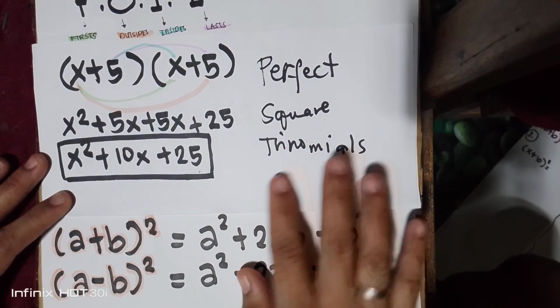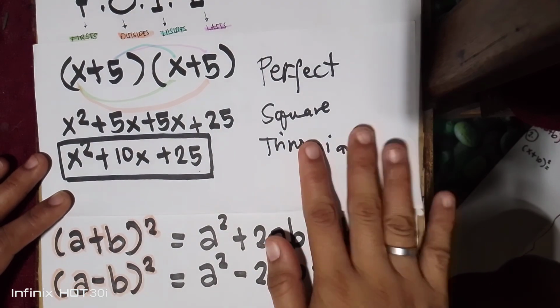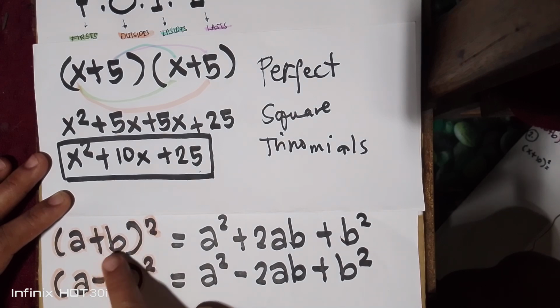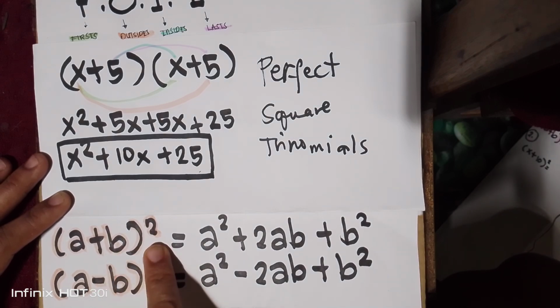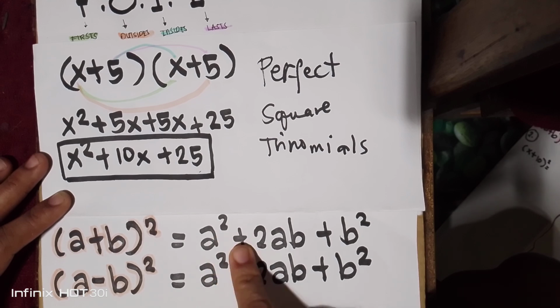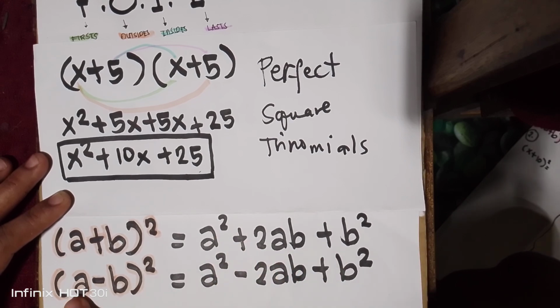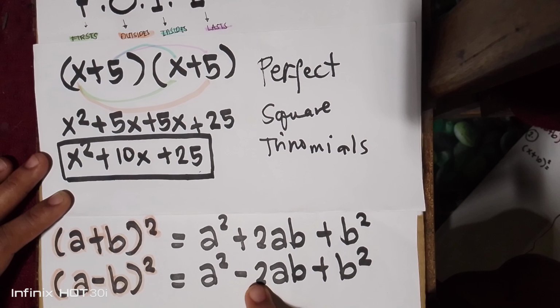So we have here a plus b squared, or a plus b to the second power, is equal to a squared plus 2ab plus b squared. And if we have a minus b to the second power, it is equal to a squared minus 2ab plus b squared.